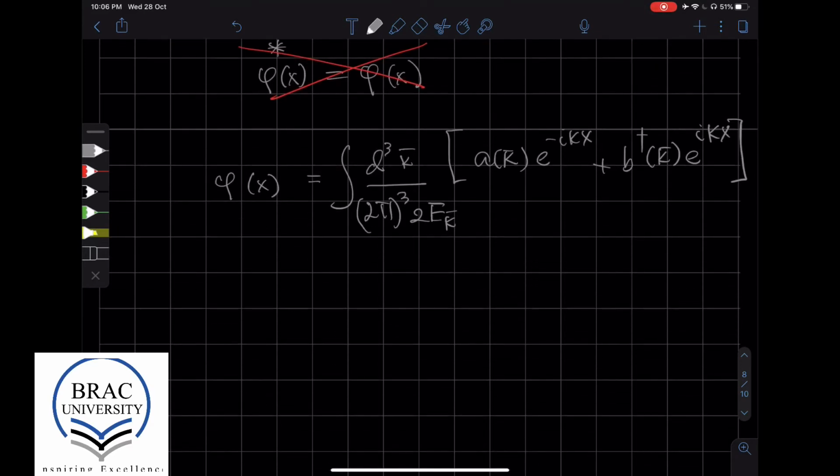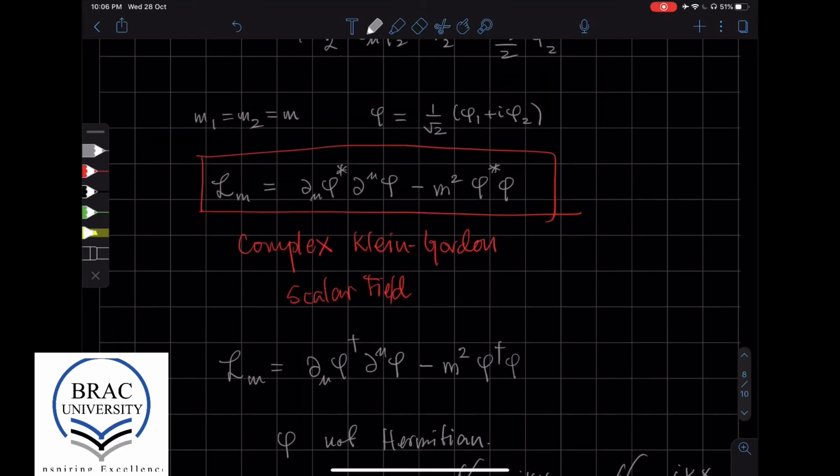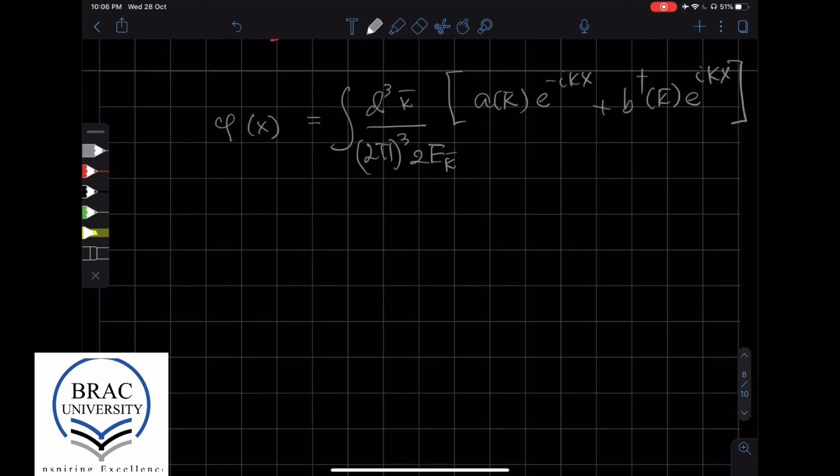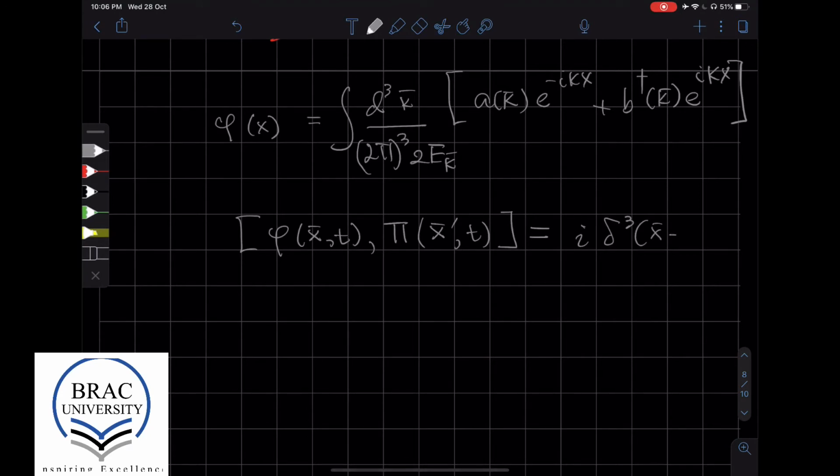The canonical commutation relations of the complex scalar field, you can derive those from the real scalar field, or you can impose them. They turn out to be that the equal time commutator between phi and its canonically conjugate momentum is given by the usual, as well as its Hermitian conjugate.